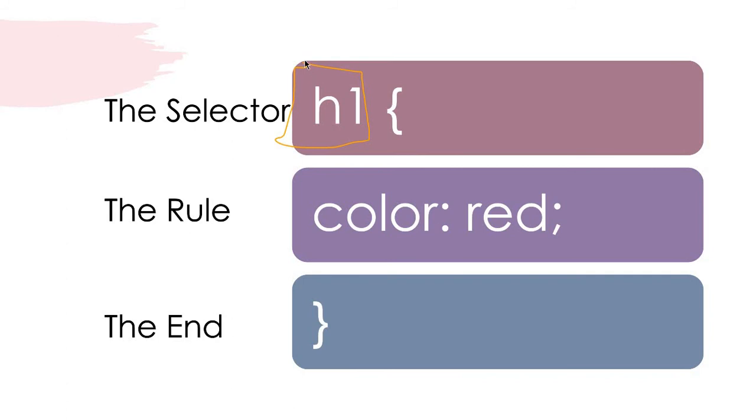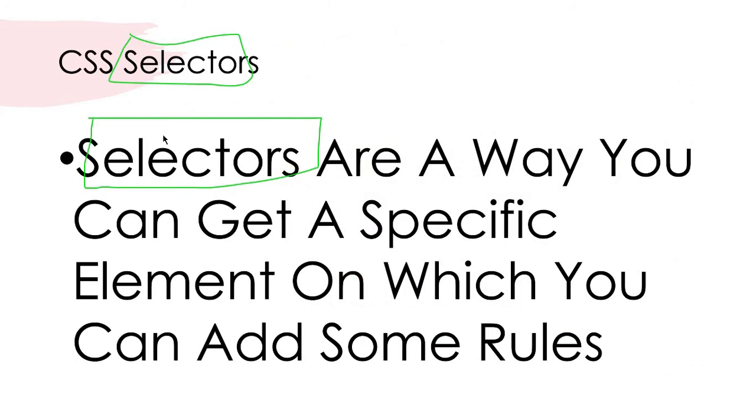It won't give you an error, but it just won't do anything. So this is defined in the HTML, and this just gets that element and allows you to add rules to that element inside these curly braces. So that's basically the selector's job.